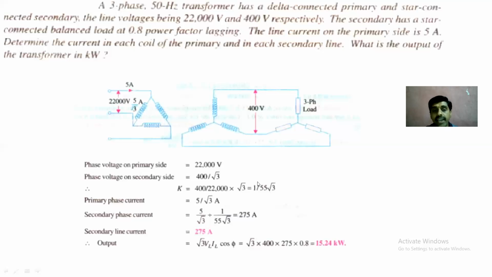Once you get this K, you will get the primary phase current, which is 5 by root 3. Therefrom, you will get the secondary line current. Secondary line current equals 275 amperes. So this is the secondary phase current, and from that, equal to line current. Therefore, output equals root 3 VL IL cos phi. Substitute these values, and you will get the answer.